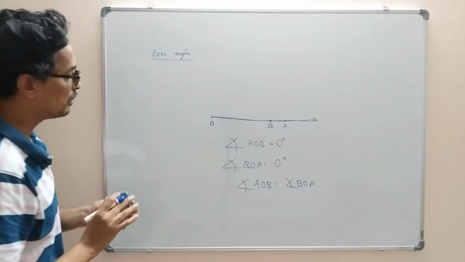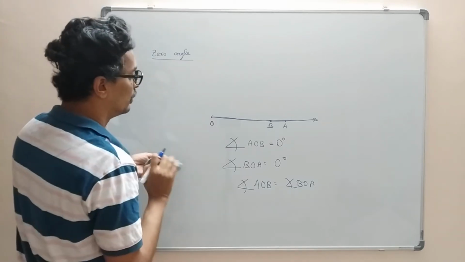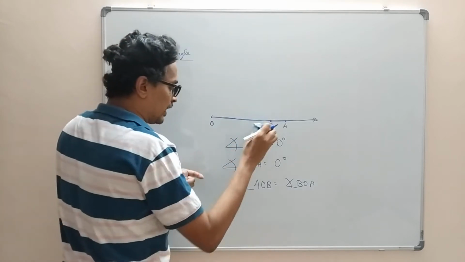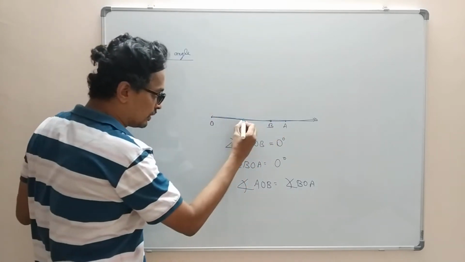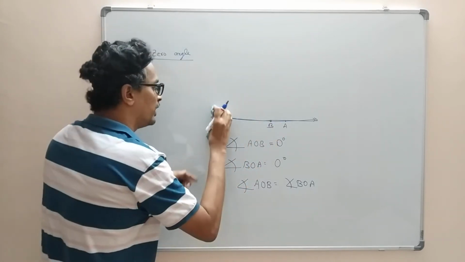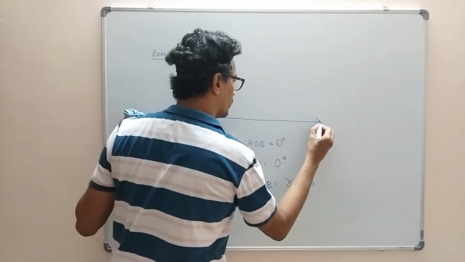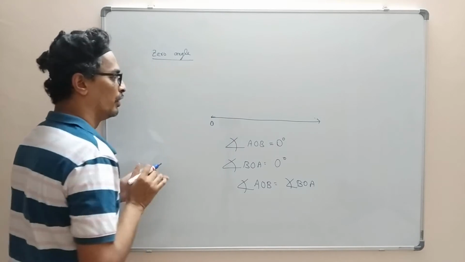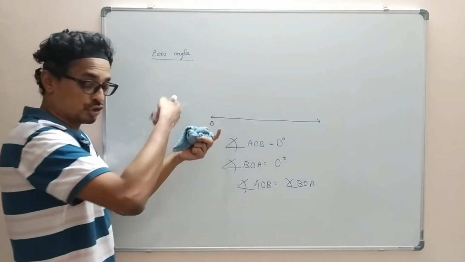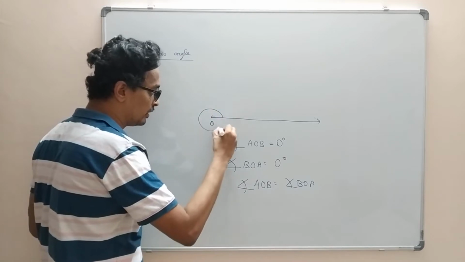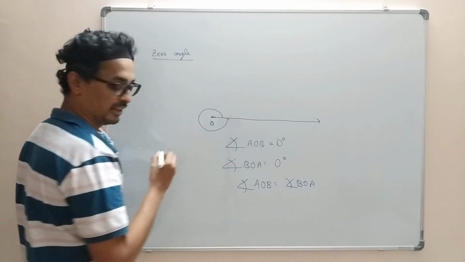Now there can always be another way I can do it. So now I have my initial ray A. I take a positive direction, positive angle rotation. So I am going to rotate it by 360 degree.